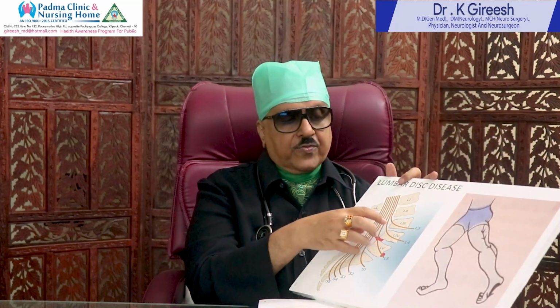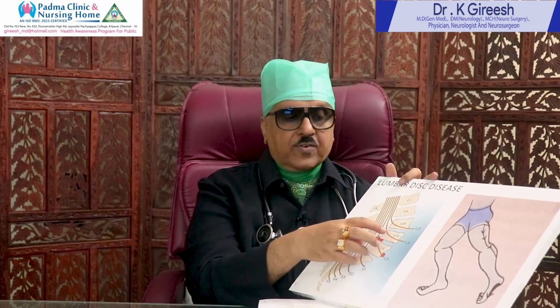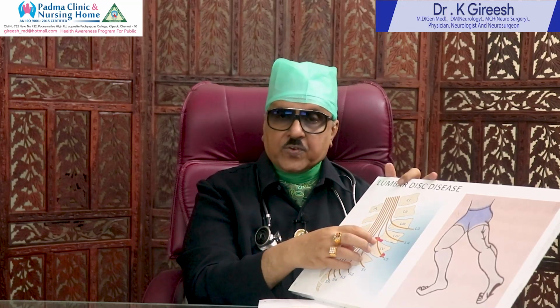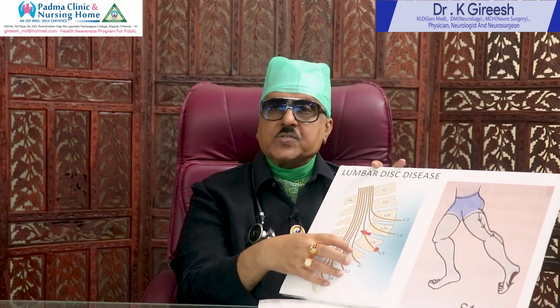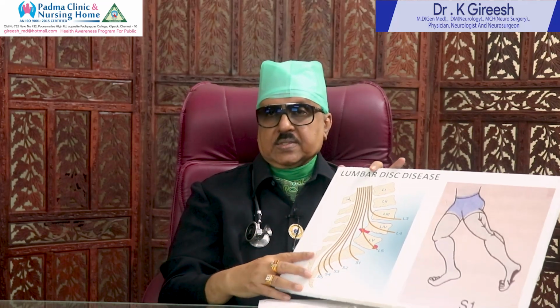So, these are the commonest sites of compression. One is L3, L4 compressing L4 root, L4, L5 compressing L5 root, and L5, S1 compressing the S1 root. That is indeed, ladies and gentlemen, the various clinical presentations for a low back pain, and where you can suspect at which level. One of the commonest causes of low back pain is a disc prolapse.